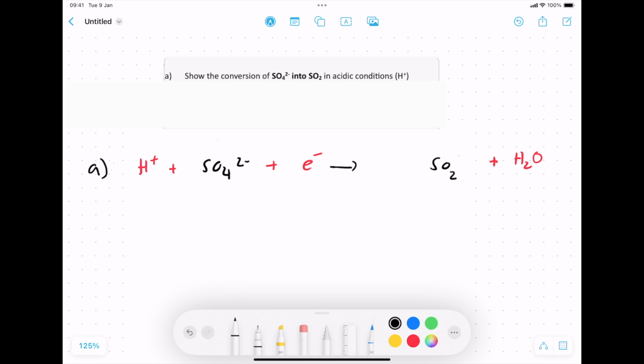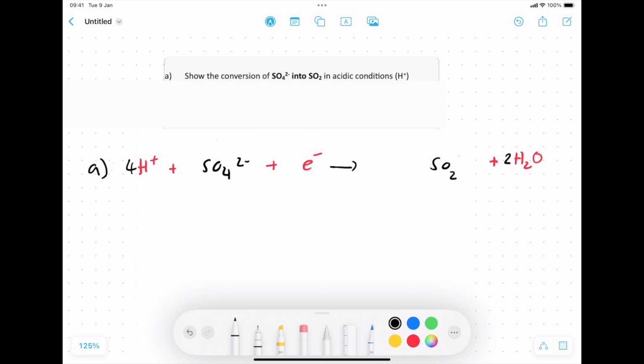We have 4 oxygens on the left and 3 on the right, so I need to put a 2 there. Now that's changed the hydrogens. We have 4 on the right, so we need to put a 4 on the left. As it stands now, we have 1 sulfur left and right, 4 hydrogens left and right, and 4 oxygens.